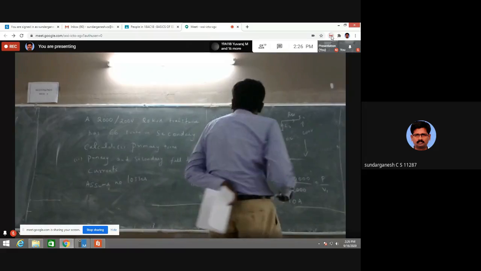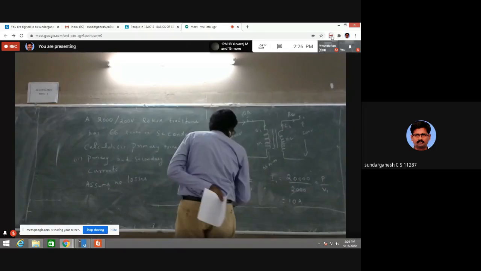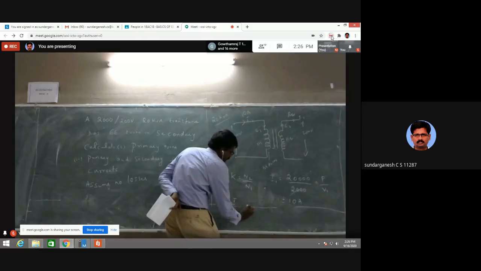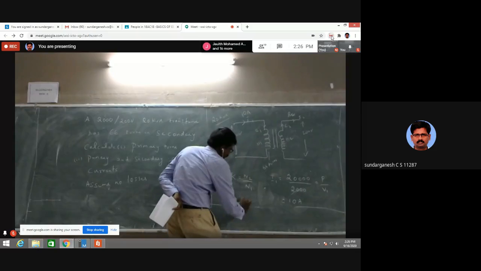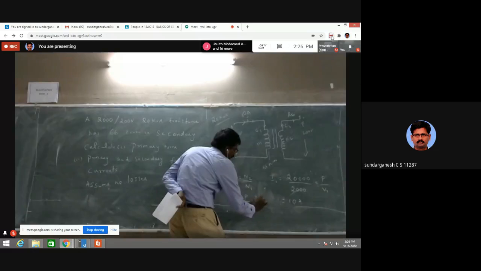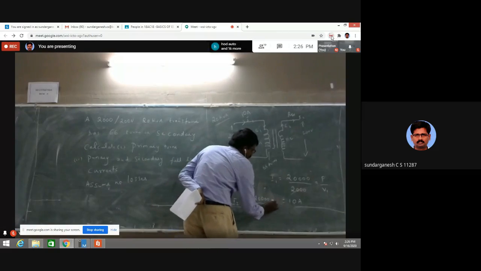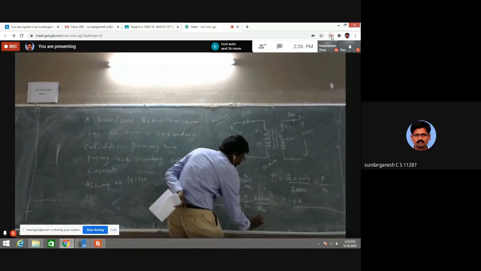So you can easily find the secondary current also. I2 equals P by V2. P is the same, 20,000, and the voltage is 200, so 100 amps.